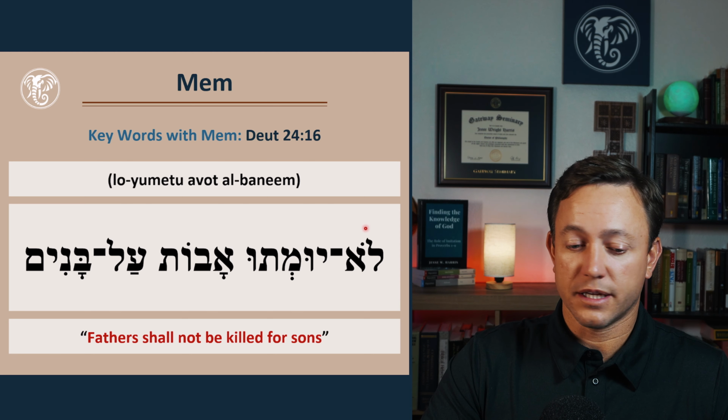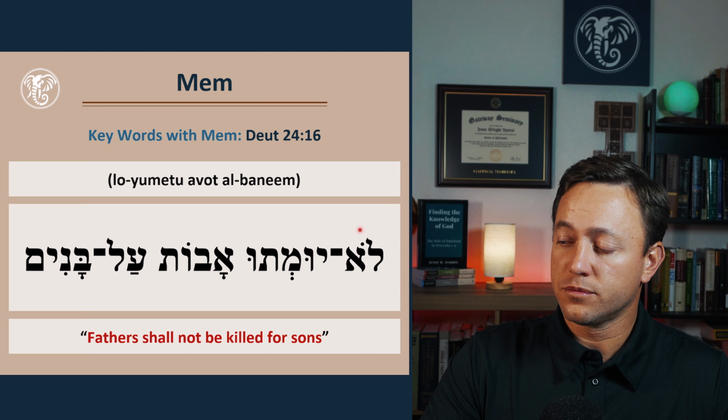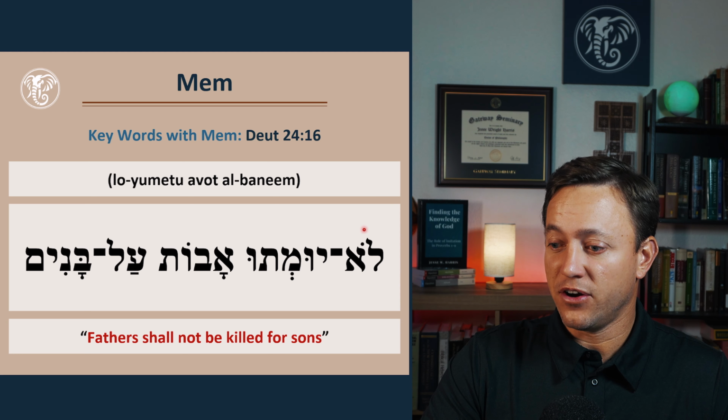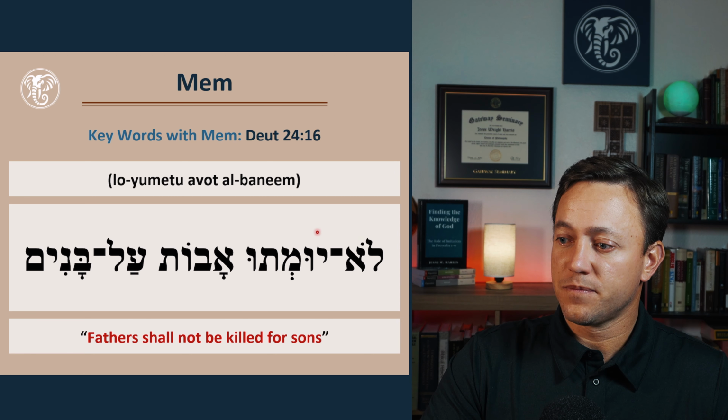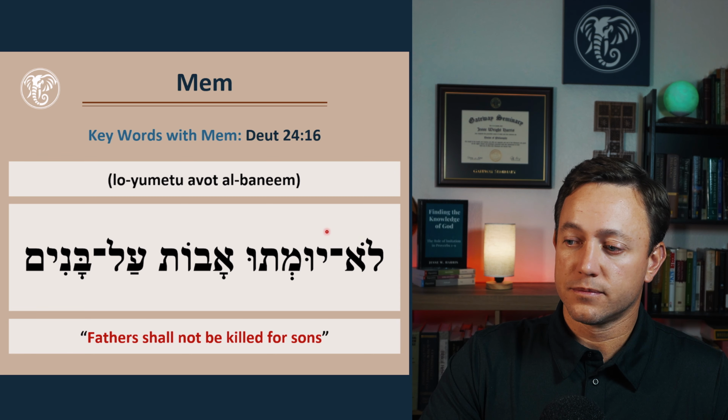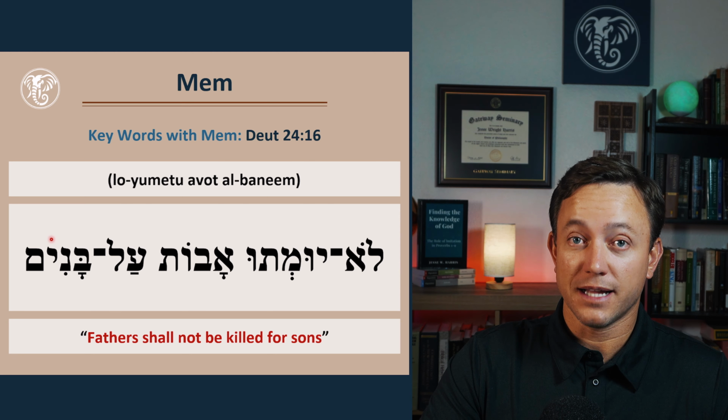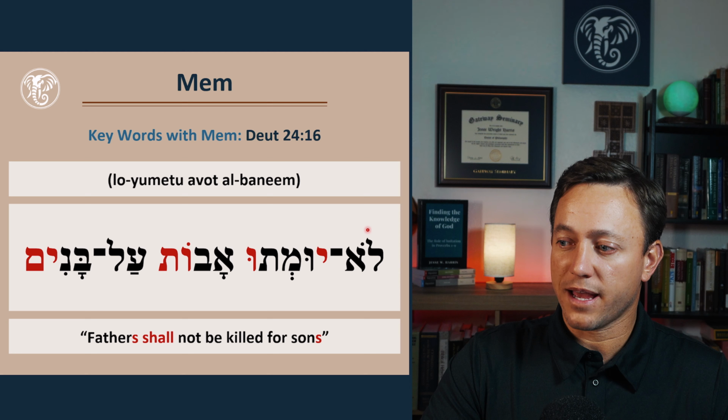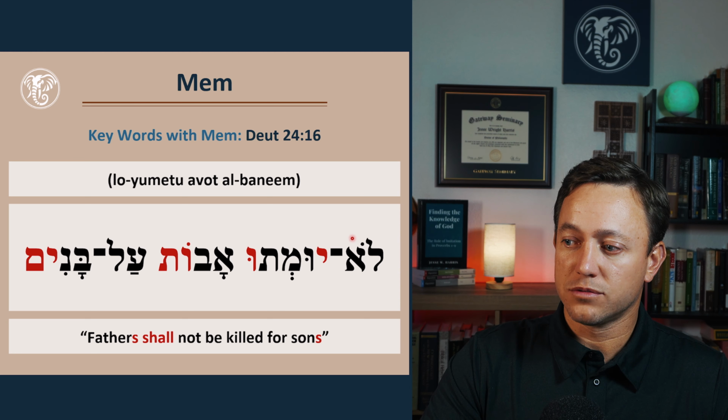So we have the word here, lo, and lo means no, good. Lo yumetu avot al banim. All right, so what do we have here? Well, we have lo, not, and then yumetu.